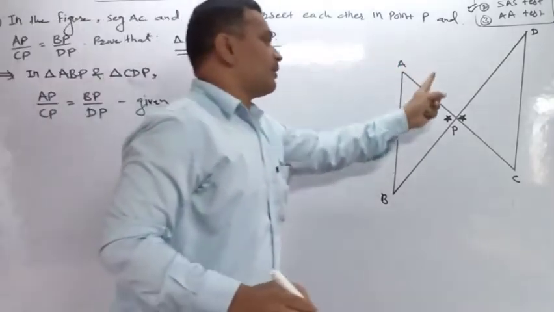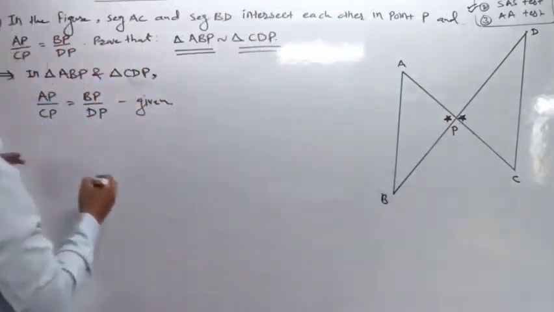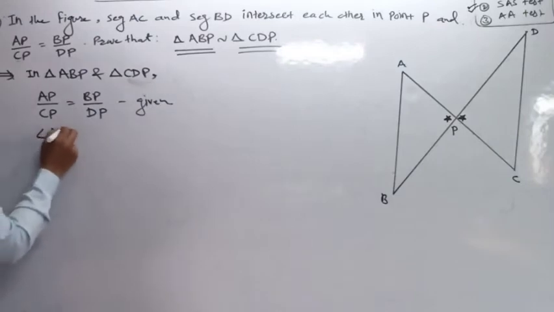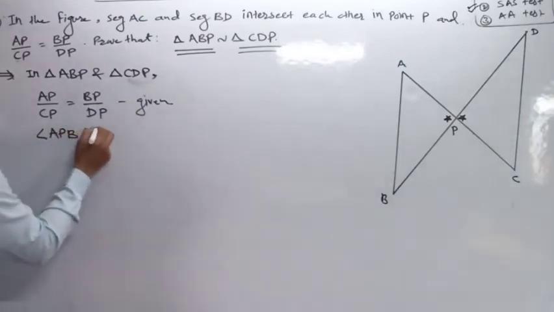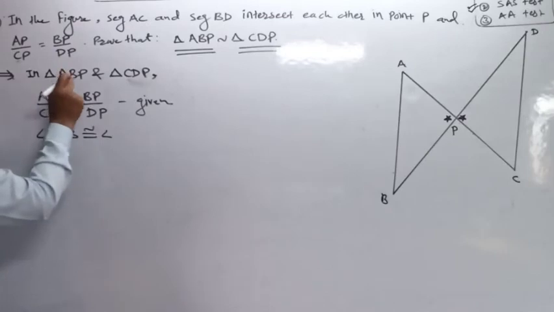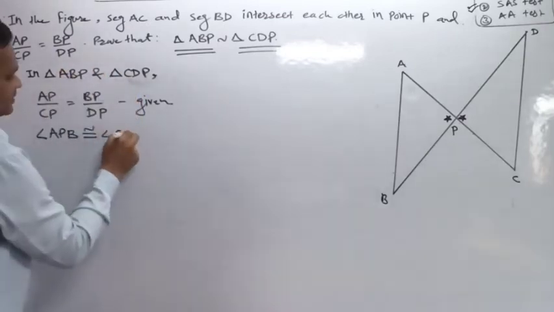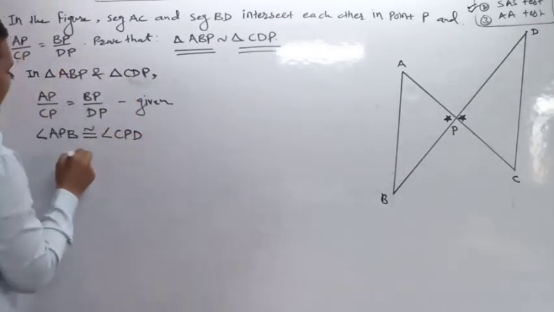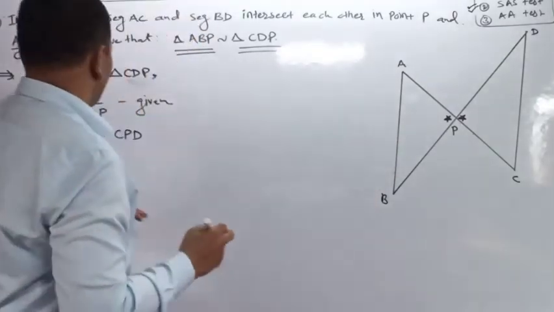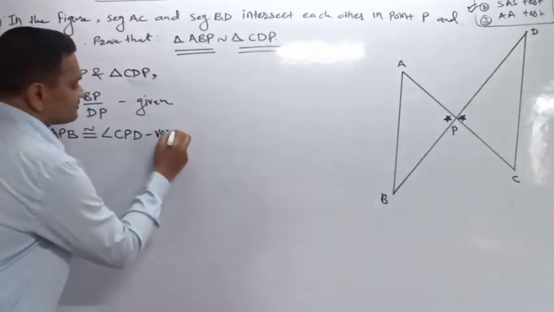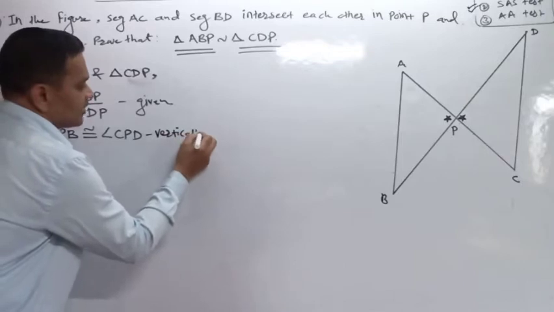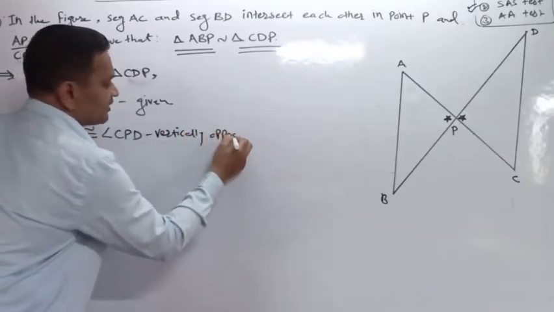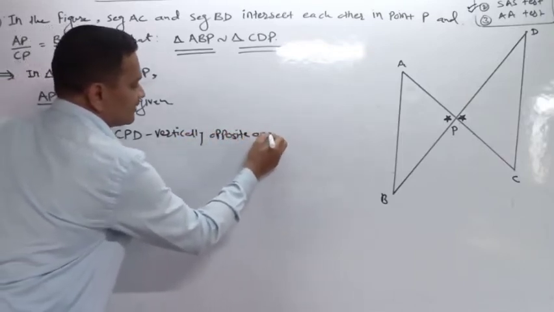And angle APB is equal to angle CPD. Why is angle APB equal to CPD? Because they are vertically opposite angles.